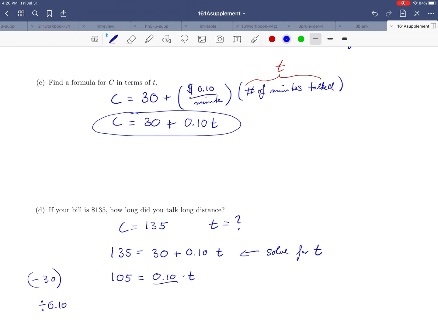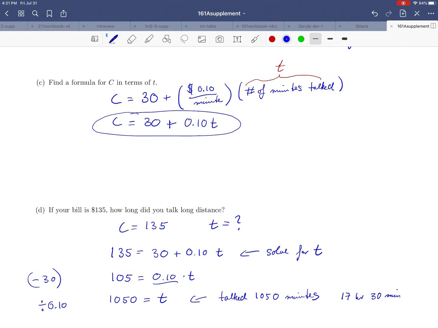That gives me 1050 for our value of t. So that's a lot of talking. This means that I talked for 1050 minutes long distance. That's about 17 hours and 30 minutes. But it's over the span of a month, so I guess that's not that bad.